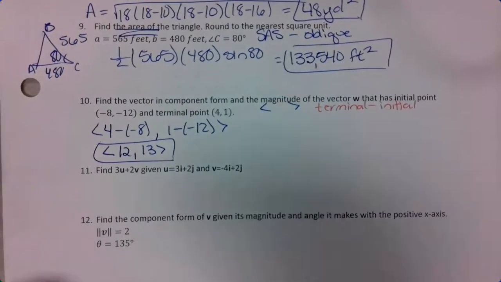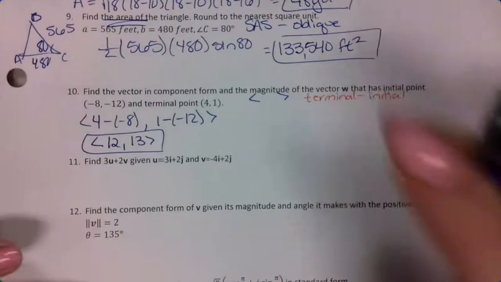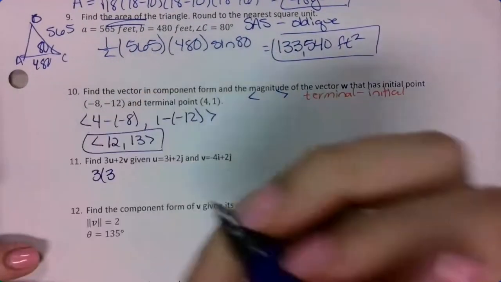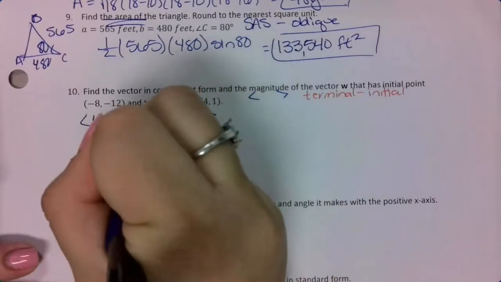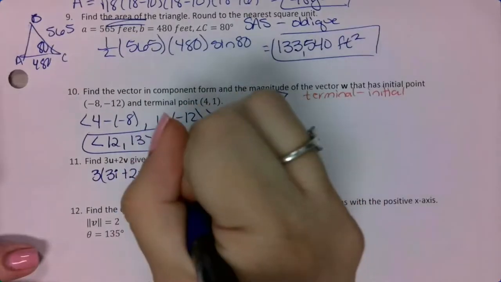Number 11 wants me to find 3u plus 2v given my 2 vectors. I'm just going to do multiplication and then combine like terms. So u is getting times by 3, and v is getting times by 2.